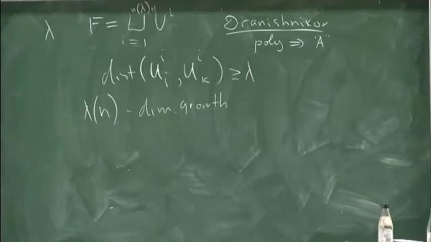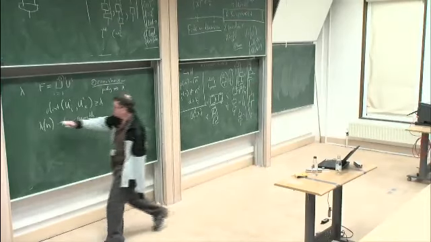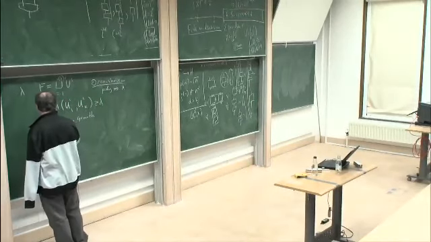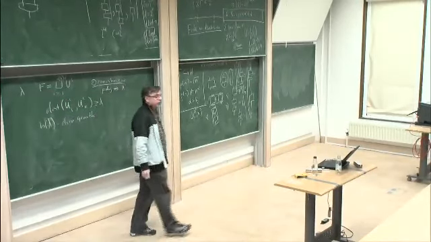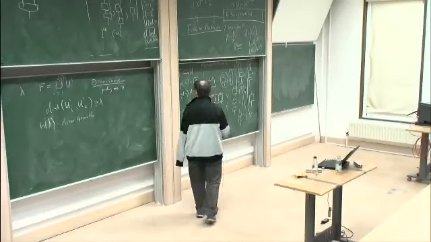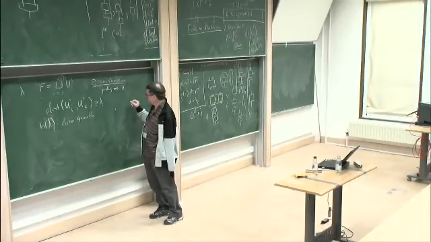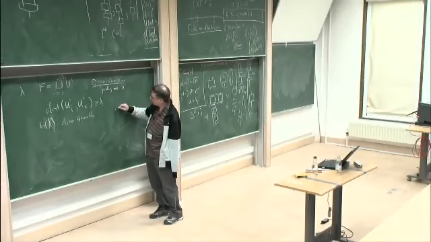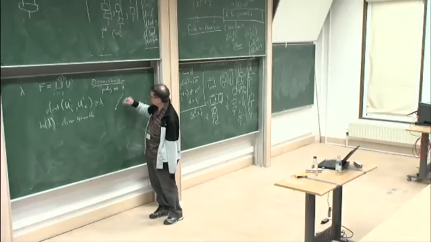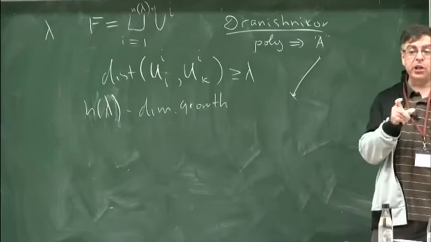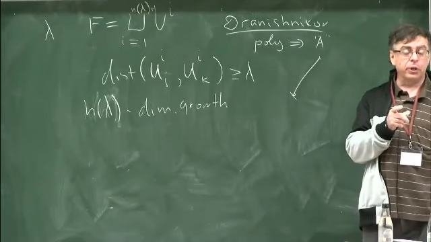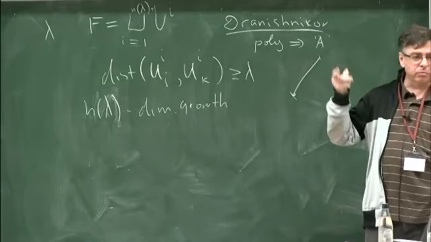Now, for every finitely generated group, this function is at most exponential. N of lambda, yes, of course, sorry, n of lambda. This function is at most exponential. Why? If you take a finitely generated group and we connect two points at distance lambda, we get a graph, which is called the Rips complex.